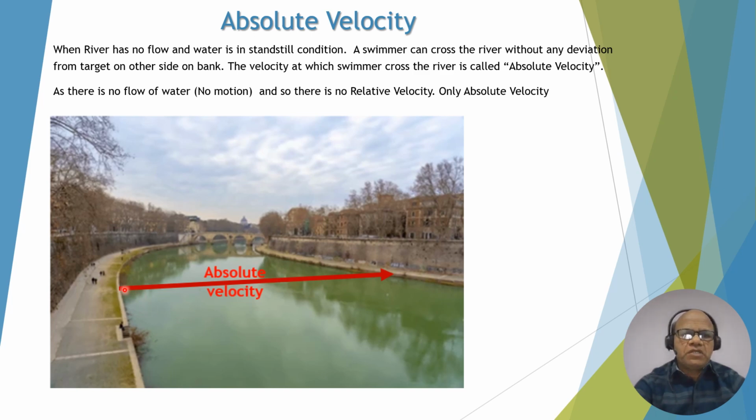So if a swimmer starts from this point, he reaches this point without any deviation, and this velocity is called the absolute velocity. Here there is no relative velocity because there is no flow of water. That means there is no motion of the swimmer's body, and so only absolute velocity.